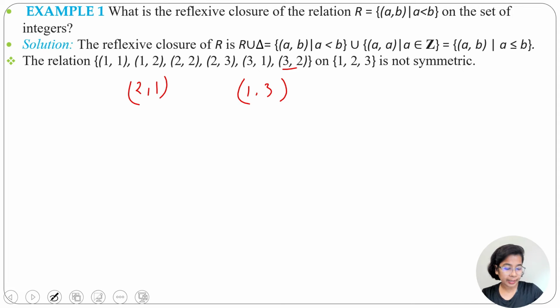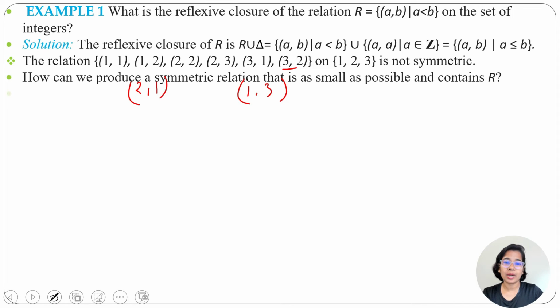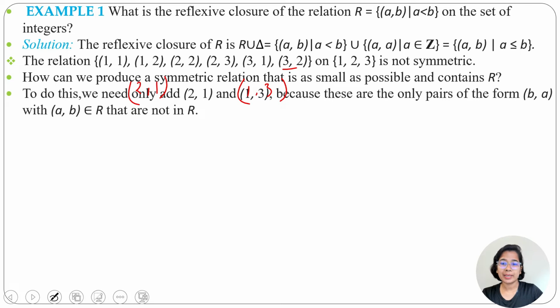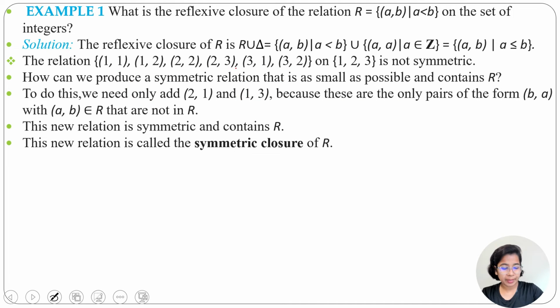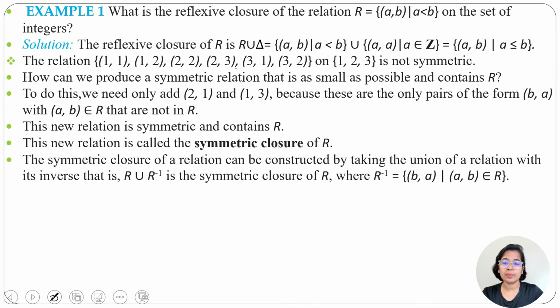So after adding (2,1) and (1,3), it will be symmetric. So this new relation that contains R plus (2,1) and (1,3) is symmetric, and it is called the symmetric closure of R. To make it symmetric, we are adding 2 more ordered pairs, (2,1) and (1,3).